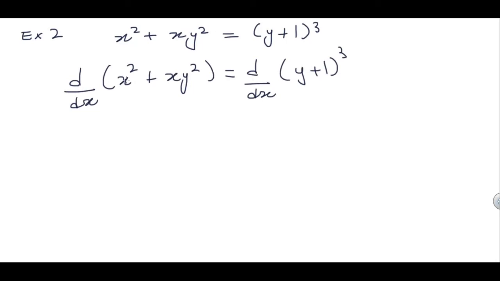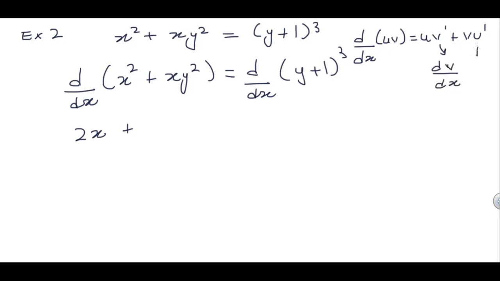As we differentiate x squared, we will get 2x, and then we will be differentiating x y squared. In order to differentiate x y squared, we will use the product rule, which is basically like this, where these are the derivatives of v. Same goes for u.